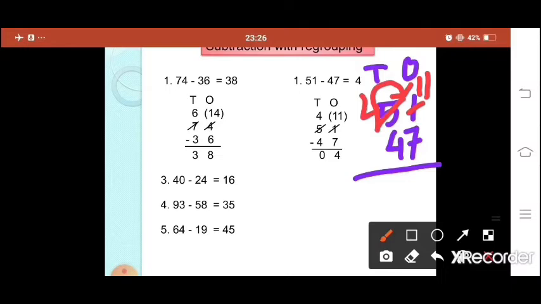Now 11 in the mind, 7 on the finger, before 11: 10, 9, 8, 7, 6, 5.